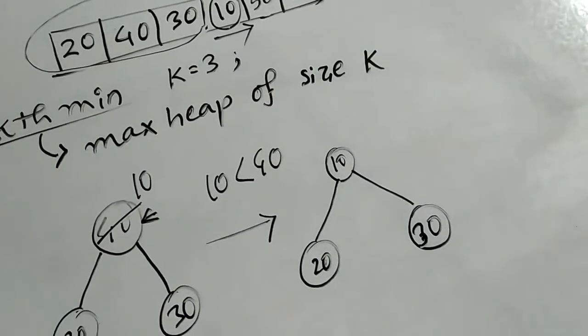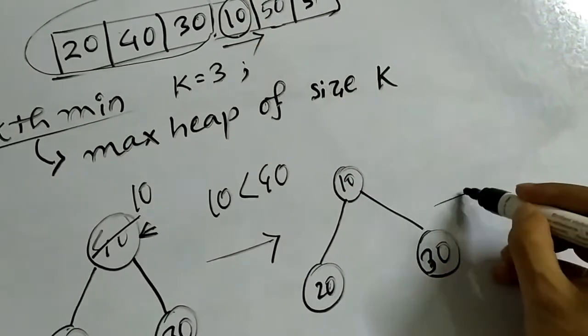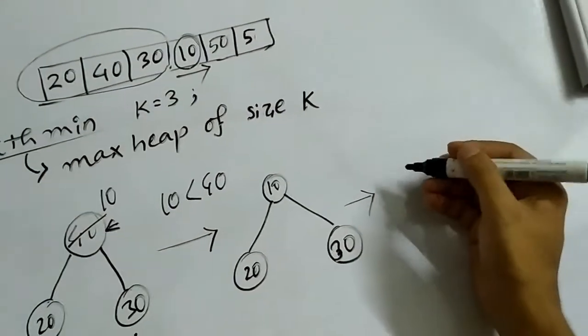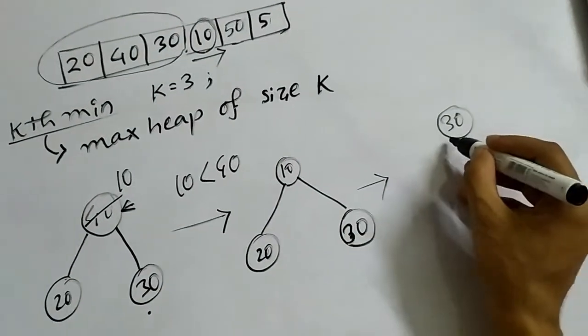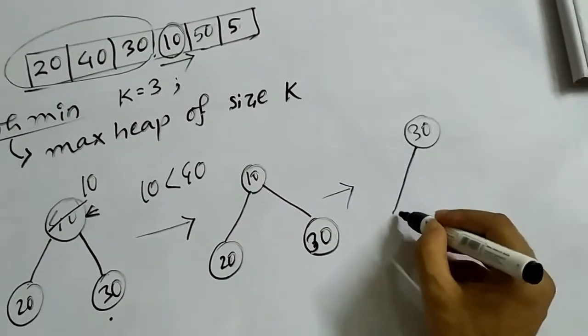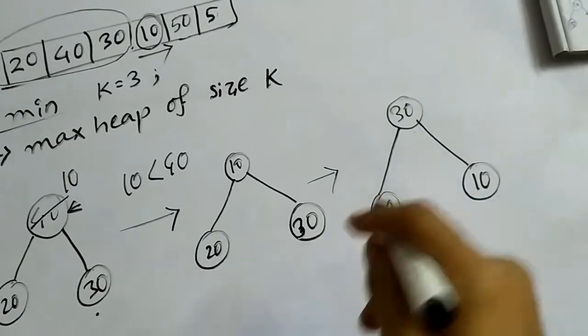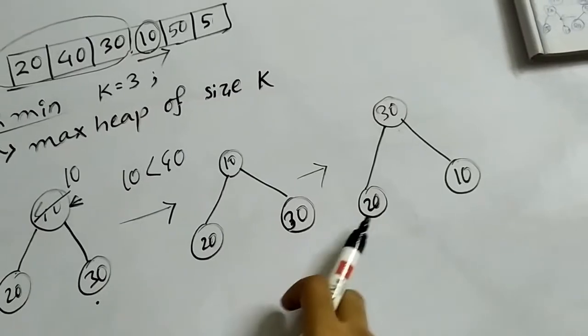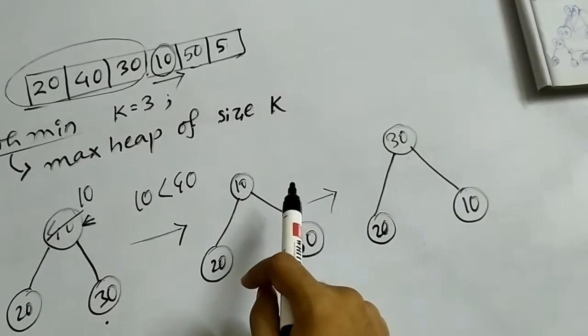This is not a max heap, so I will heapify on the root and get the max heap like this: 30 on the top, then 20 and 10. So here 10 is my first minimum, 20 is my second minimum, and 30 is my third minimum.